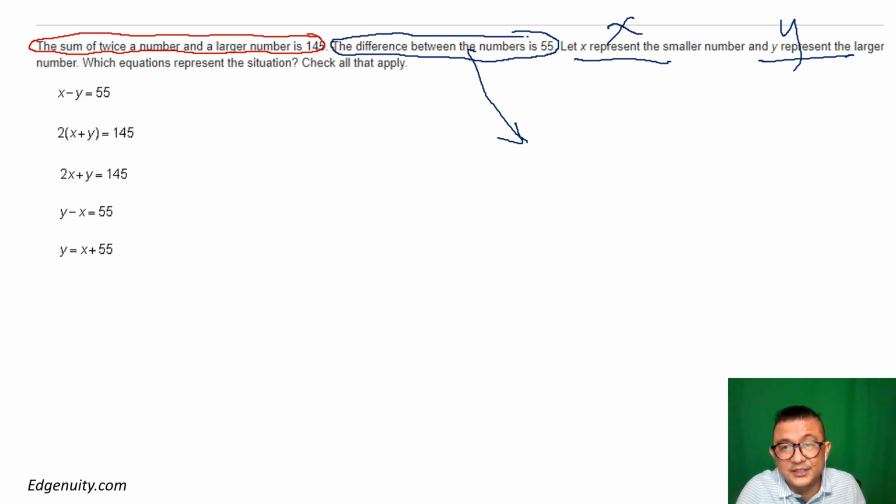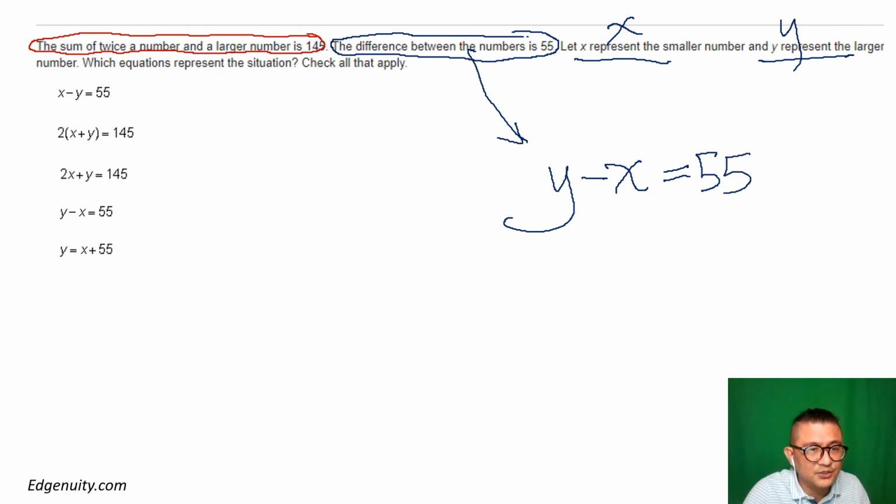Difference means minus. So the bigger number minus the smaller number is equal to what? 55. Can you see an equation that looks like this? y minus x equals 55. You're 1, right? So that could be one of the equations.